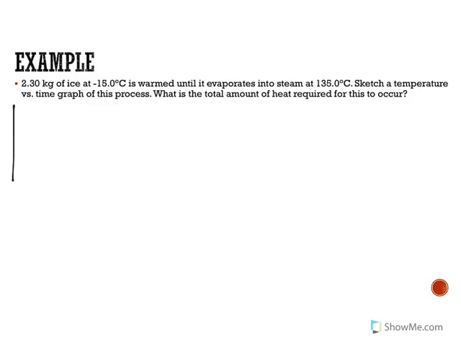We've got time, temperature, and it's starting at negative 15 degrees Celsius. If it's starting at negative 15 degrees Celsius as ice, it's going to heat up to 0 degrees Celsius, where it melts and turns to water.